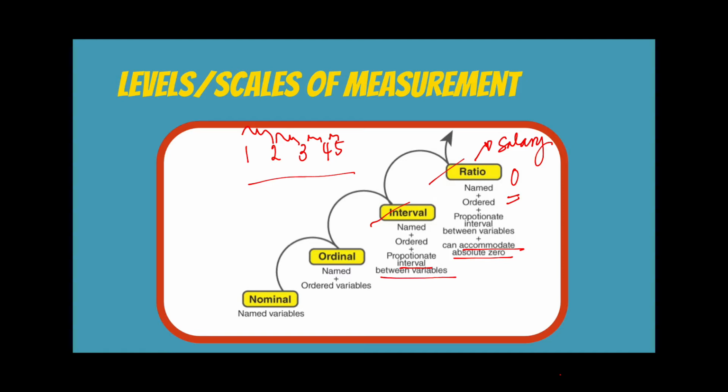So usually, those variables that come in a scale can be put under interval or ratio. If that scale has no zero, then that's an interval scale. If the scale has a zero, then it's a ratio variable. Usually they also come with decimal numbers, they could be expressed in decimal numbers as well.